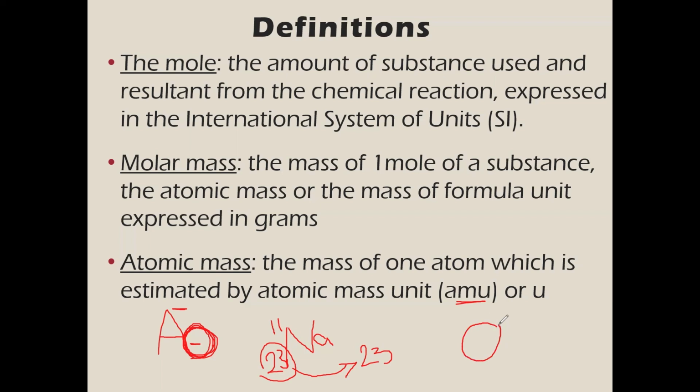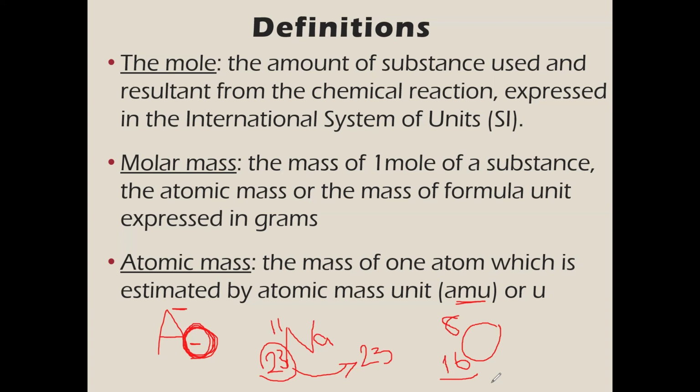For oxygen, oxygen has an atomic number of 8 and a mass number or atomic mass of 16. So the atomic mass is 16 AMU or U. This is a very small weight, which is the weight of one atom of oxygen. And the molar mass of oxygen is 16 grams. So 1 mole of oxygen means 16 grams of oxygen.